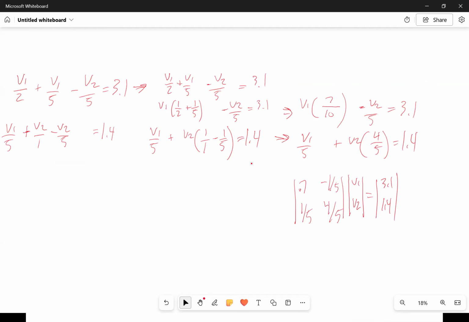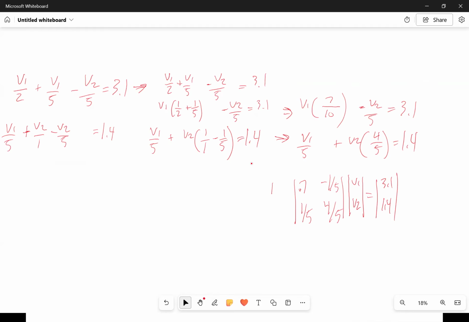So when you're doing matrices, all I'm trying to do is take the row, so this is the first row in that matrix, and I'm going to multiply it by the first column, and then I just add the terms. So what I see, what multiplies V1 in this first equation is 0.7. What multiplies V2 is minus 1/5.